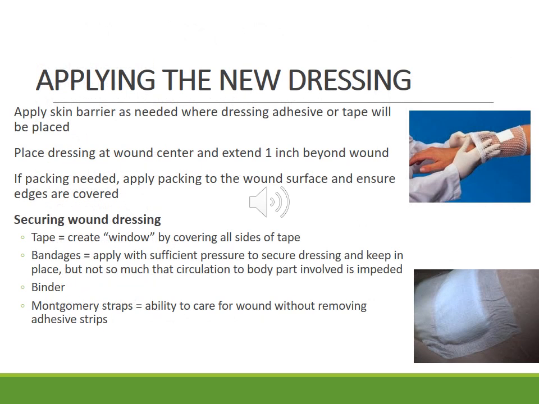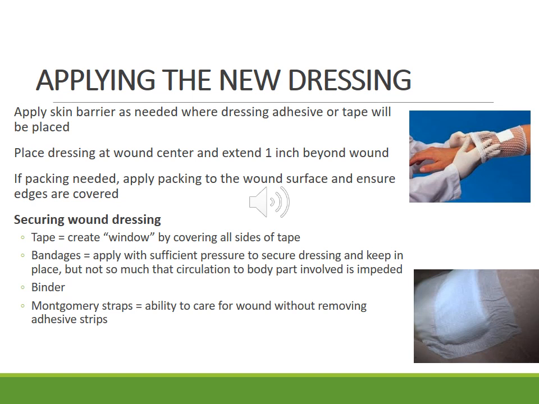Once we've cleansed that wound, we're going to apply a new dressing. And sometimes it's important that we apply a skin barrier as needed where a dressing has adhesive or tape. So this is a barrier that we would spray down before we would place that tape. And it's just again to protect that skin.